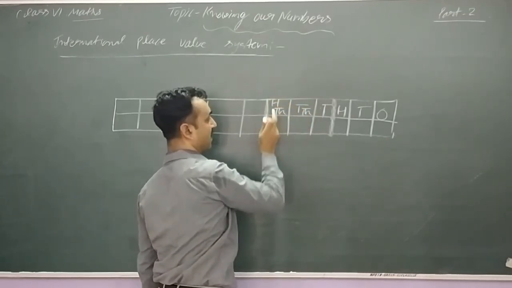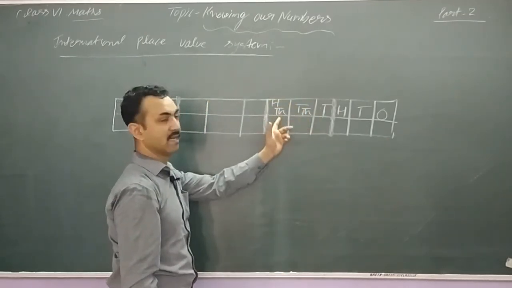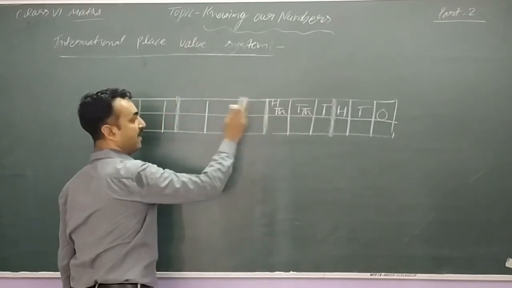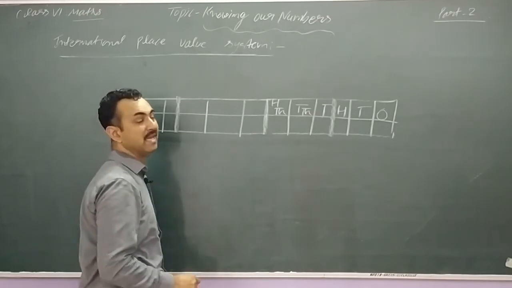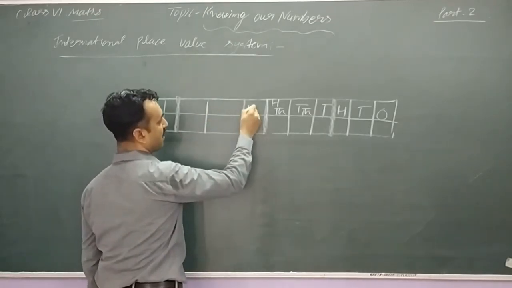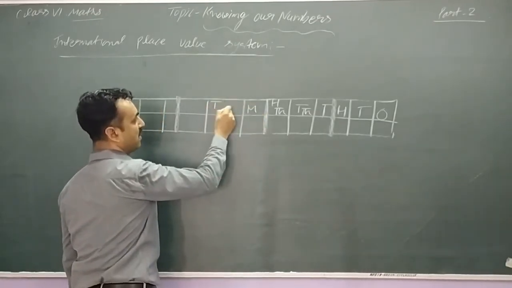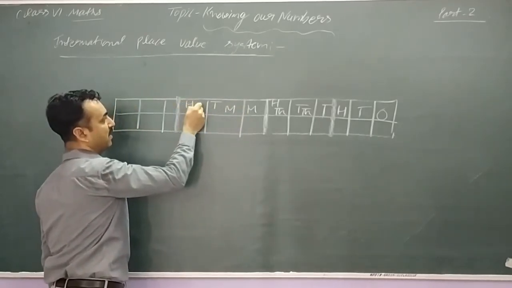This is the new thing here, 100,000 after 10,000. And after 100,000 there is no lakh. There it becomes million. We will say M for million. After million, 10 million and then 100 million.